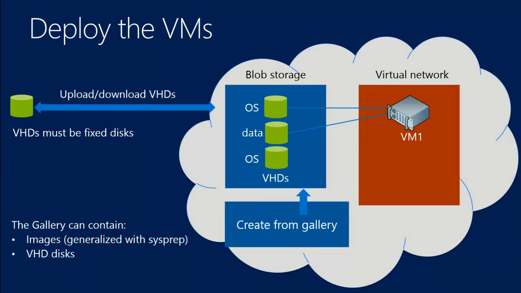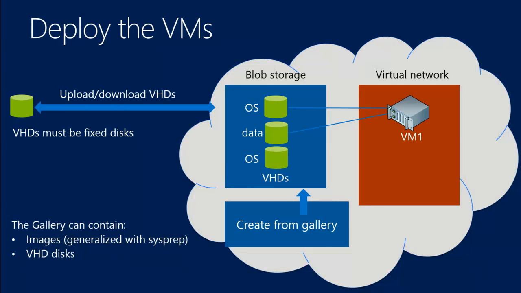You could, for instance, add the roles for Active Directory, but not actually promote it. Having done that, you could save that as a gallery image. The way you do it is you basically sysprep it, and then it goes in as a gallery image, and then you can use that for creating further virtual machines.